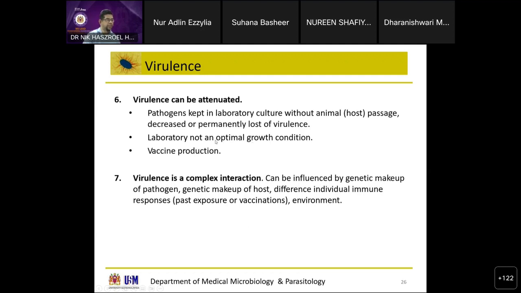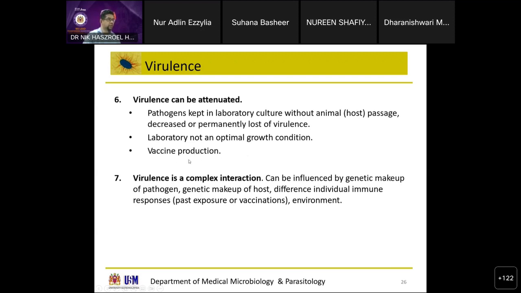So we passage so many generations until we get the same organism but a low virulence virus, so that we can inject it into humans and protect them from the pathogenic virus.